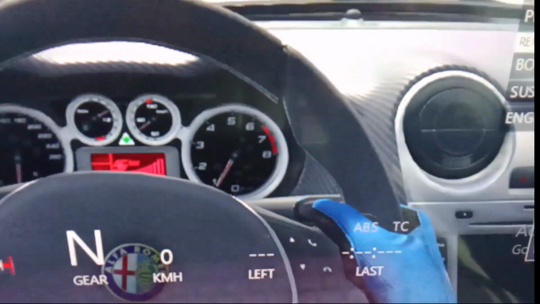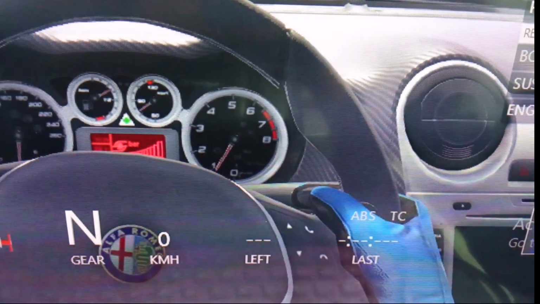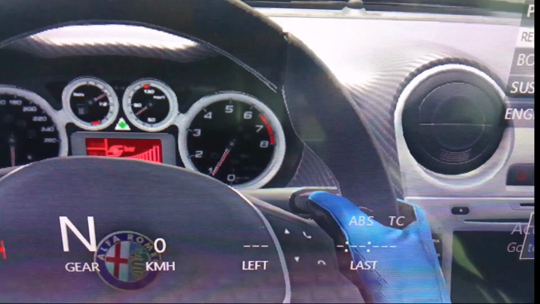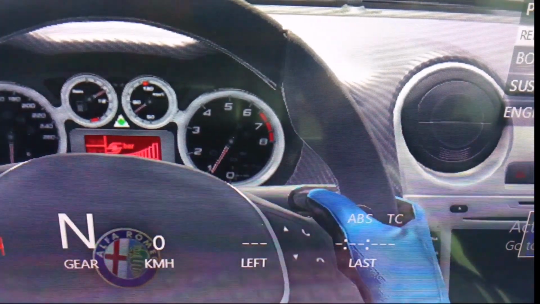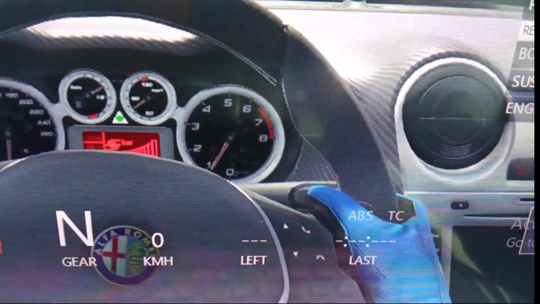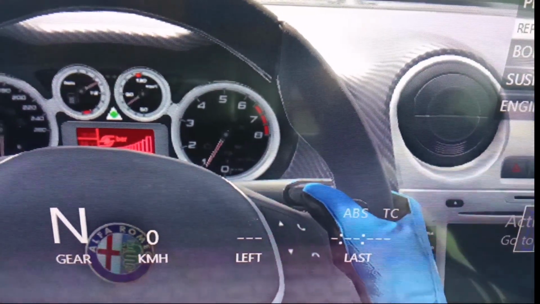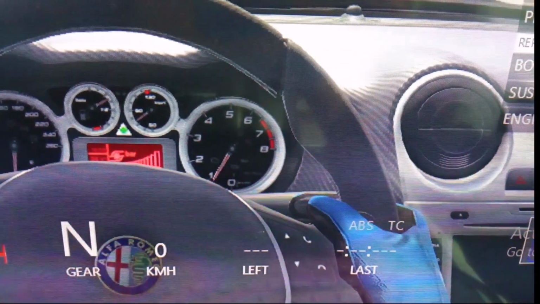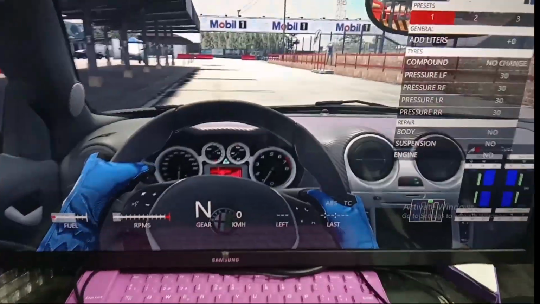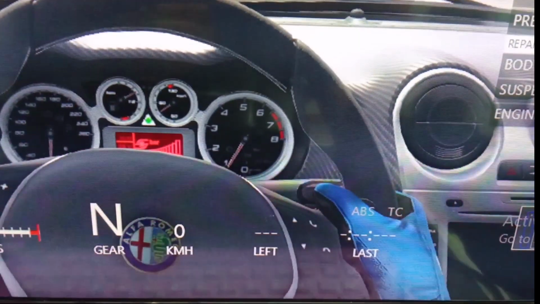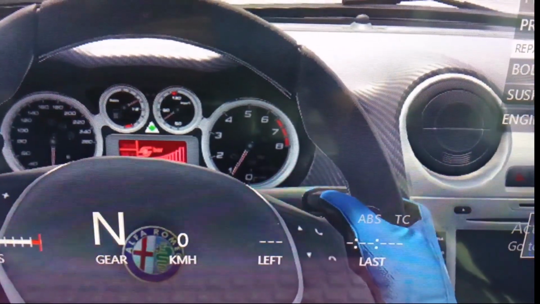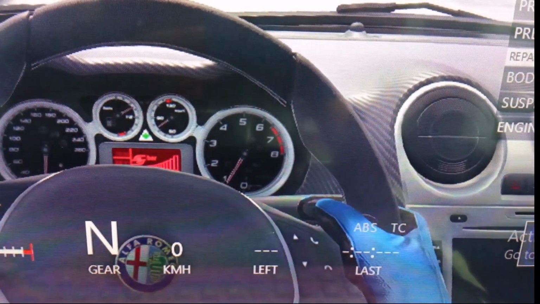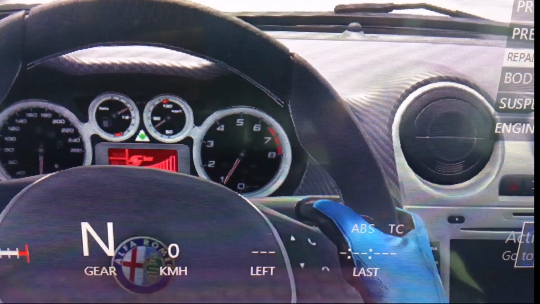If you are a racing driver, you will normally do the change at 6,000 revolutions, or also at 7,000 revolutions. It also depends on your car. Sometimes you have cars that are a lot more powerful, and in the city you will always have to do the change within 1,000 revolutions.